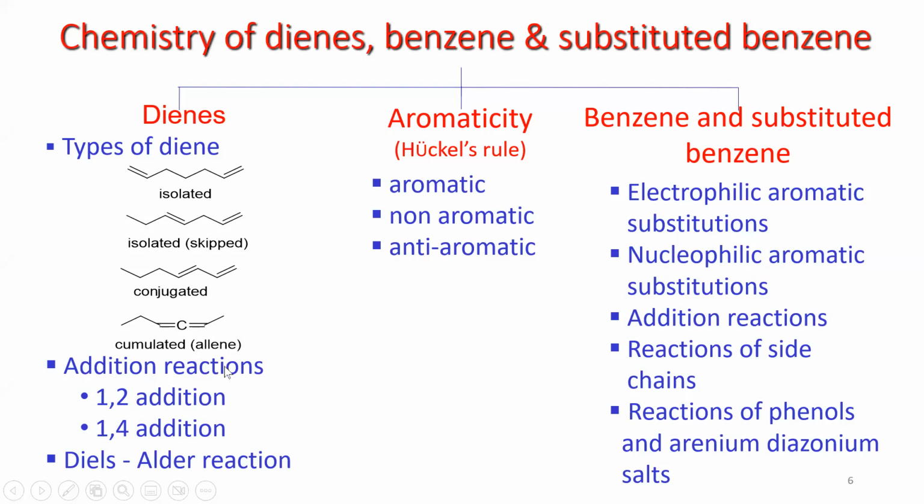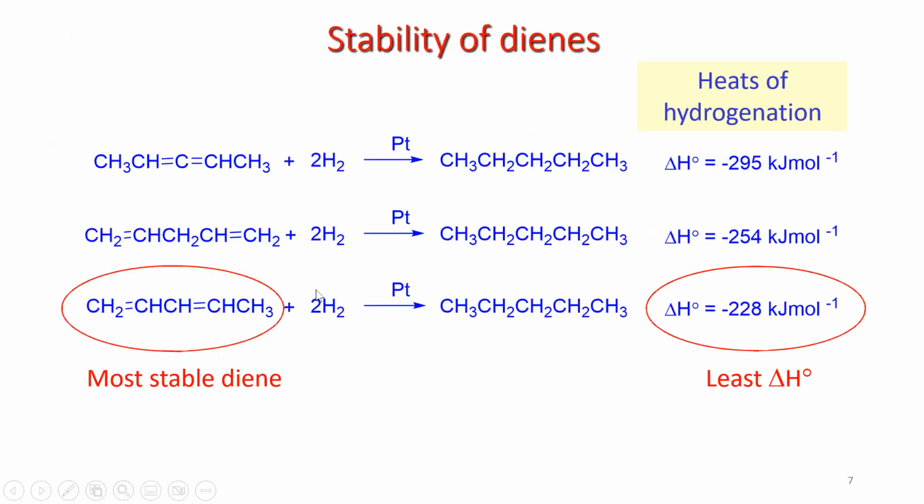Then under addition reactions, we will be studying 1,2 addition and 1,4 addition, and another famous type of reaction undergone by dienes, the Diels-Alder reaction, right? So let's see the stability of dienes. You can see three types. Now this is an allene. Hope you can identify those.